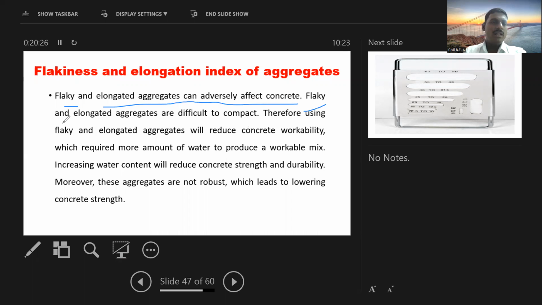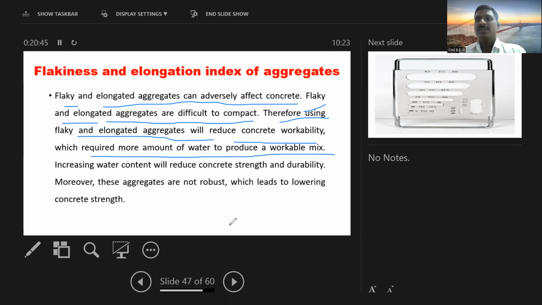So flaky and elongated aggregates are difficult to compact. Therefore, they reduce the concrete workability, and more water is required to produce a workable mix.